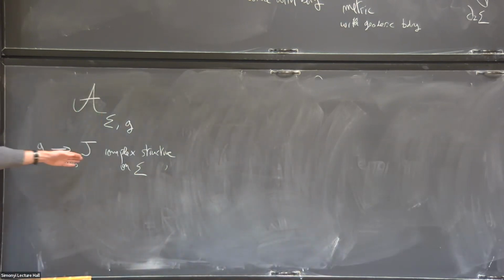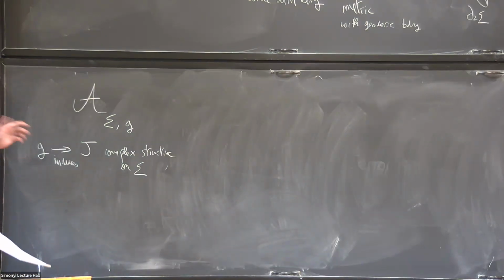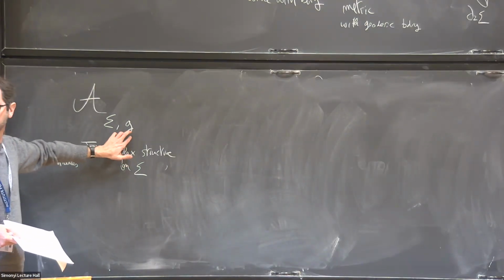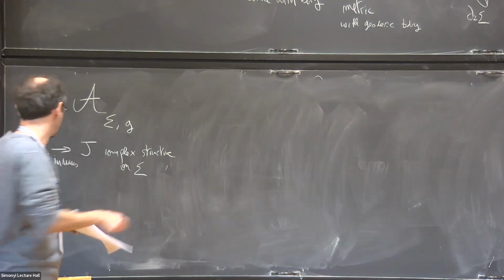For each complex structure, you can take a compatible metric, but if you have a metric, it induces a complex structure. But somehow, in the Liouville theory, we need to use a metric. We cannot work directly with complex structure because it's a theory of random metric. And in general, for CFT, it's quite convenient to use a choice of metric which is compatible with a complex structure.